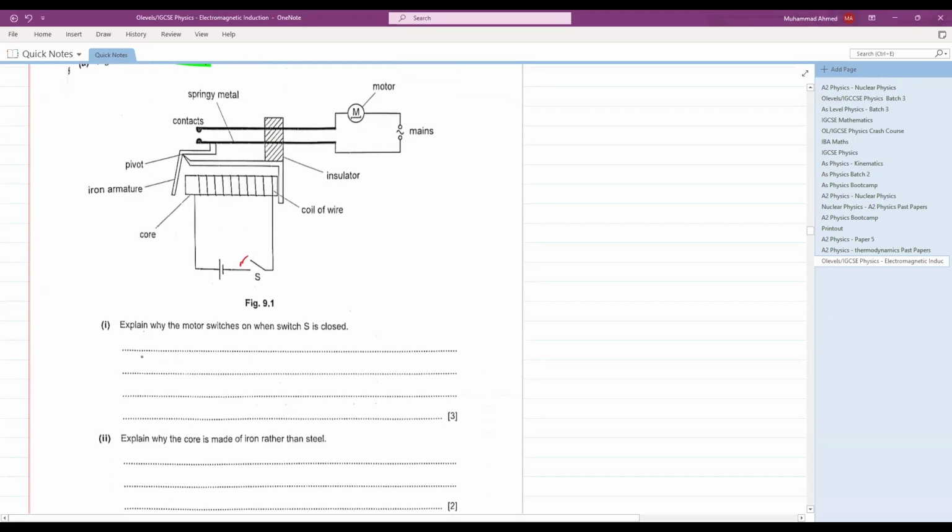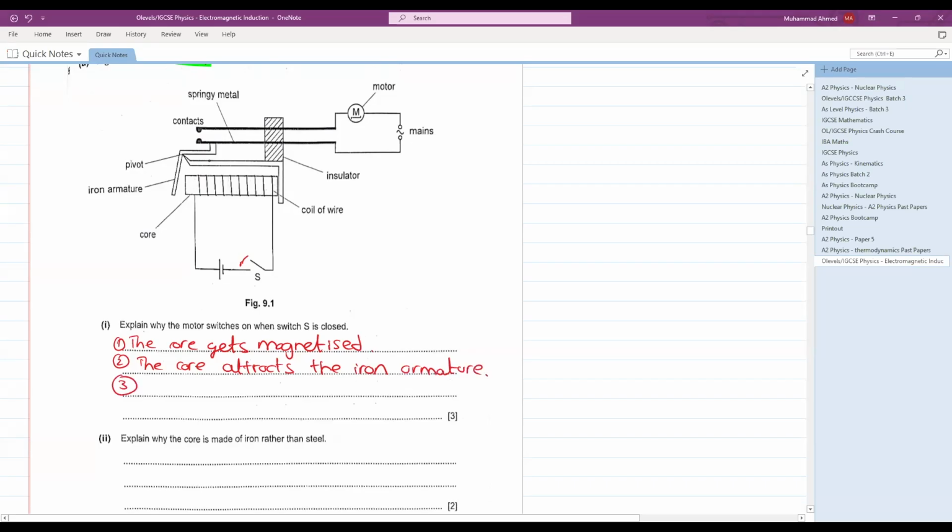The core gets magnetized. And as the core gets magnetized, what will happen? This core will attract the iron armature. As the core attracts the iron armature, what will happen?